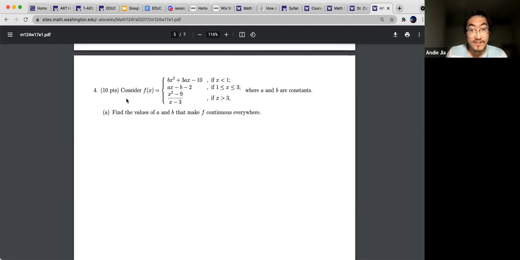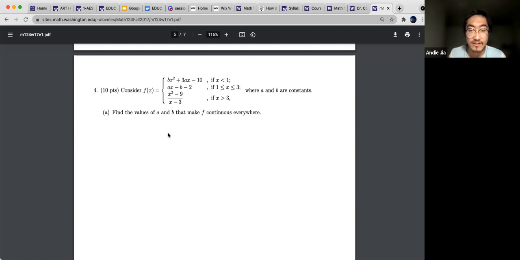For this one, it's continuity. What you should do is evaluate the limit, starting from the easiest, at x equals 3. This is equal to 6 as the limit.